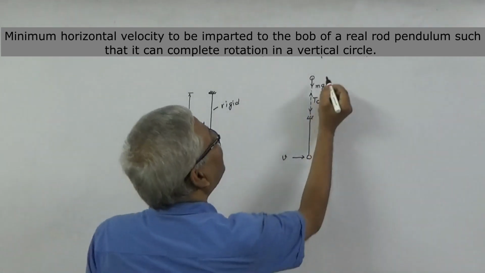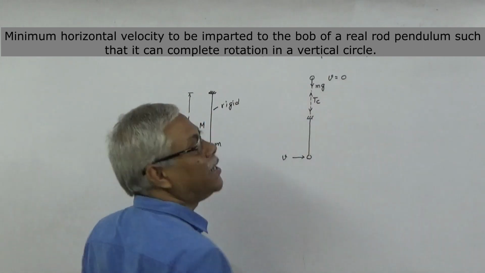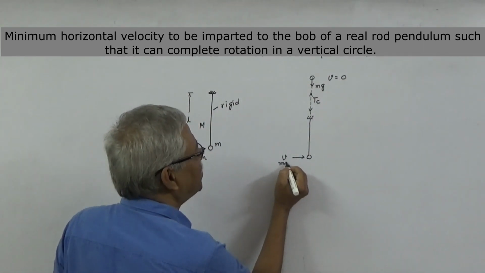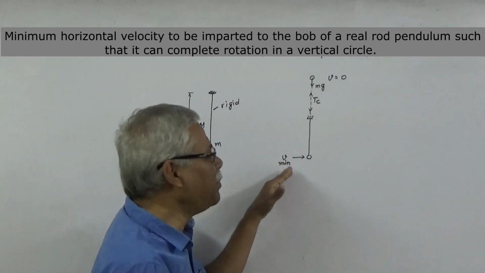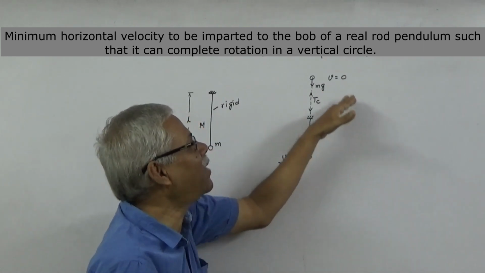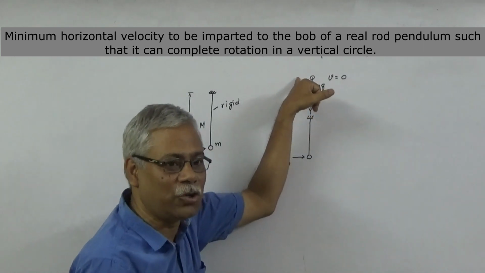So at the highest point, the velocity of the bob is 0 for the minimum velocity imparted at the bottommost position. You have imparted minimum velocity, so the bob will rise, and at the highest point the velocity of the bob will come down to 0.